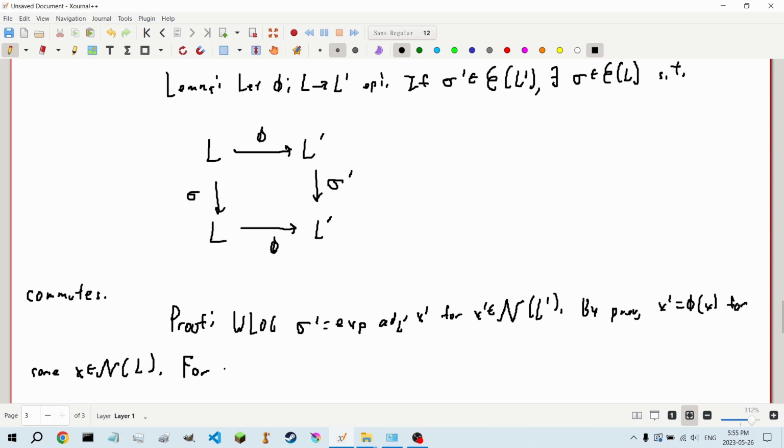Then for arbitrary z in L, we can see how this acts: phi on the exponent of the L adjoint of x on z is going to be phi of z plus the bracket of x on z plus the bracket of x on the bracket of x and z over 2 and so on.